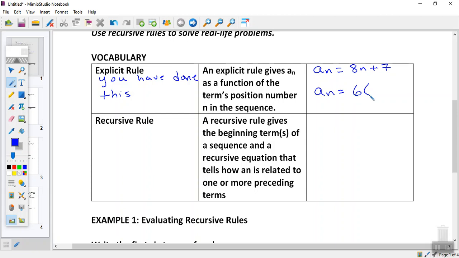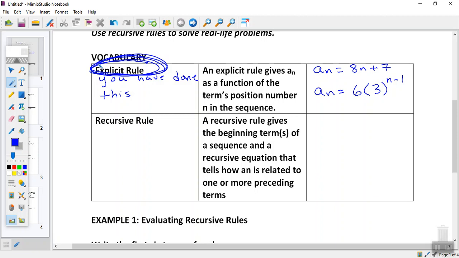Six times 3 to the n minus 1. Okay, now if I want to know the fourth term, what would I do? Plug 4 in for n. These types of rules are called what kind of rules, kids? Explicit rules. You've done those before, you just haven't been told they're explicit rules yet. Now you have.